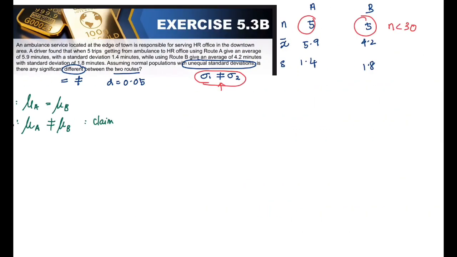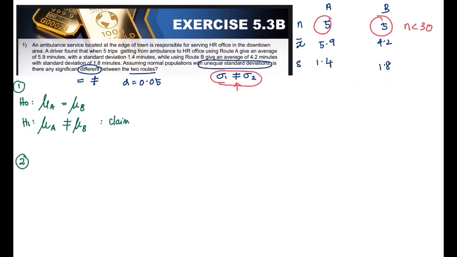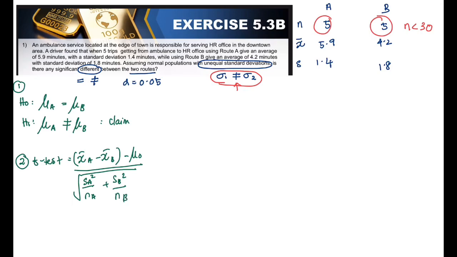So step number 2. The t test is equal to x bar A minus x bar B minus mu naught, over the square root of SA square over NA plus SB square over NB.